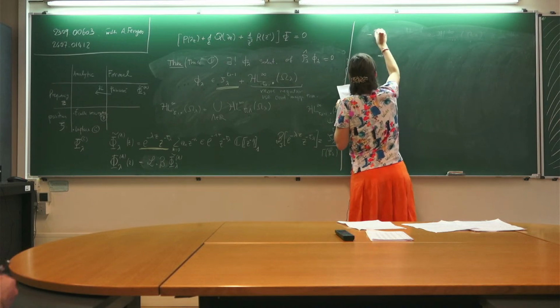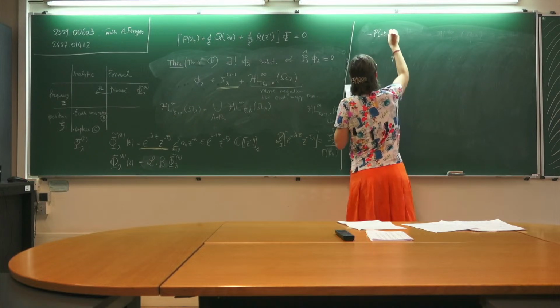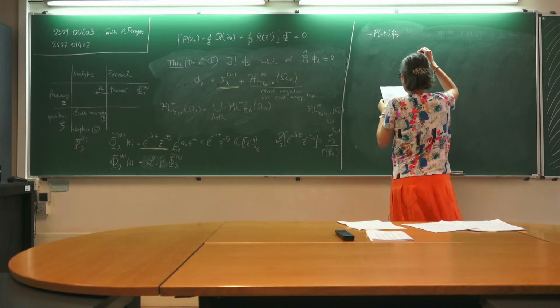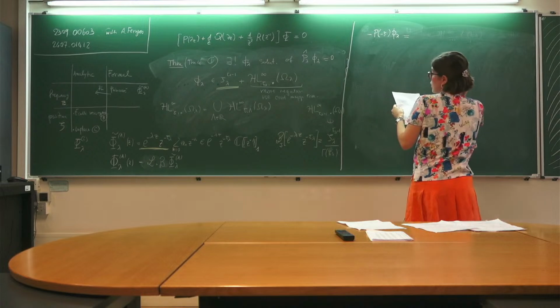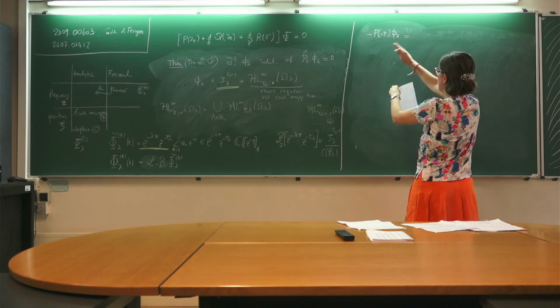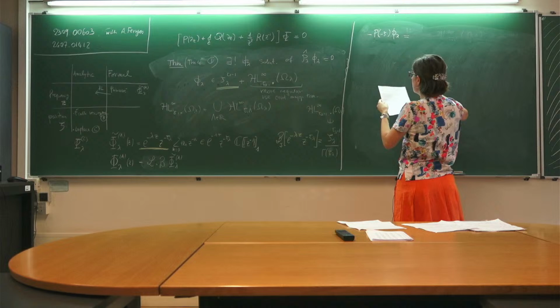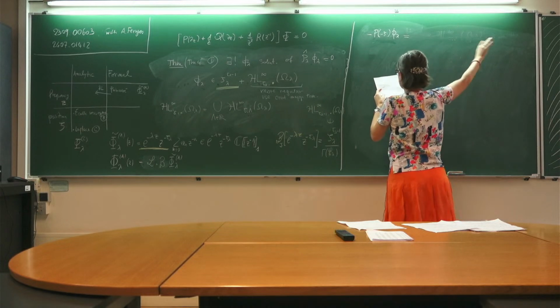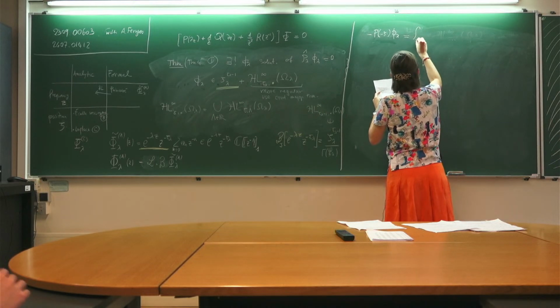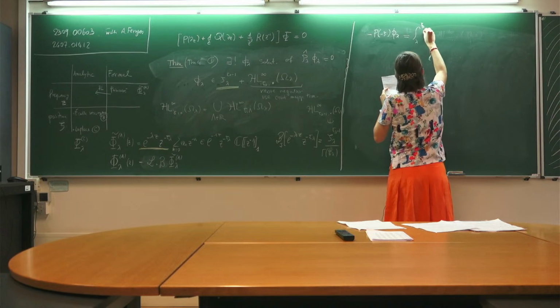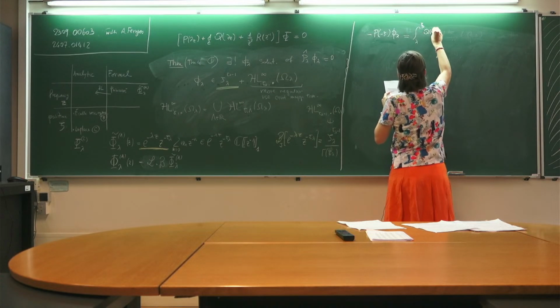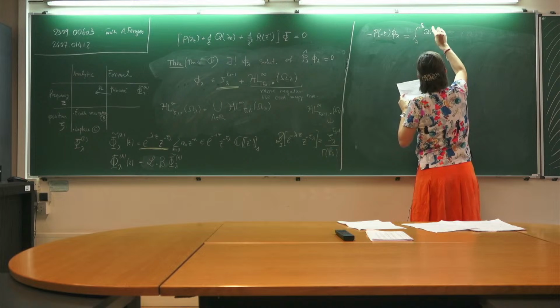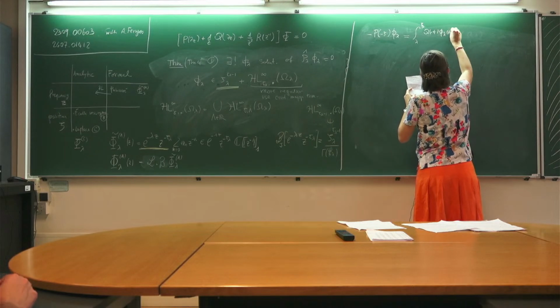Okay. I think I can skip something because you have it somewhere in your notes. So the first thing I'm doing is just isolating this part where you have P and keeping the integral part to the right. So we have, this is a minus sign.